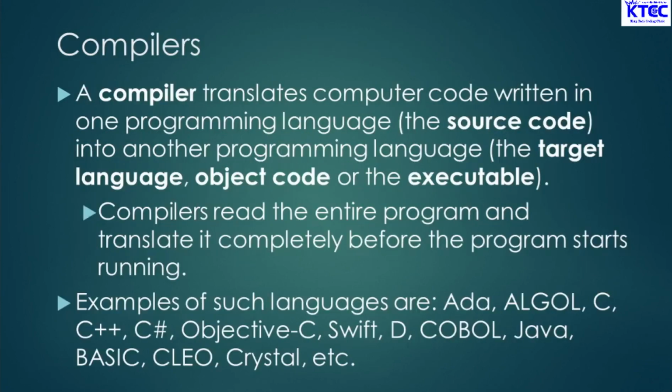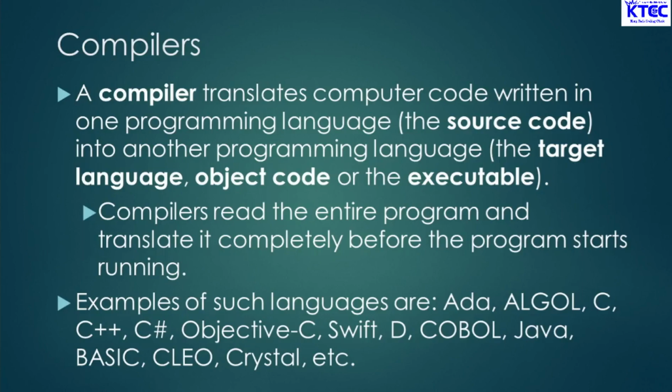Now let's look at compilers as well. A compiler translates computer code written in one programming language, that is the source code, into another programming language, that is the target language or object code or the executable. It's the same thing. Example, if you write a program using C++, what the compiler does is translate the source code from C++ to the object code.